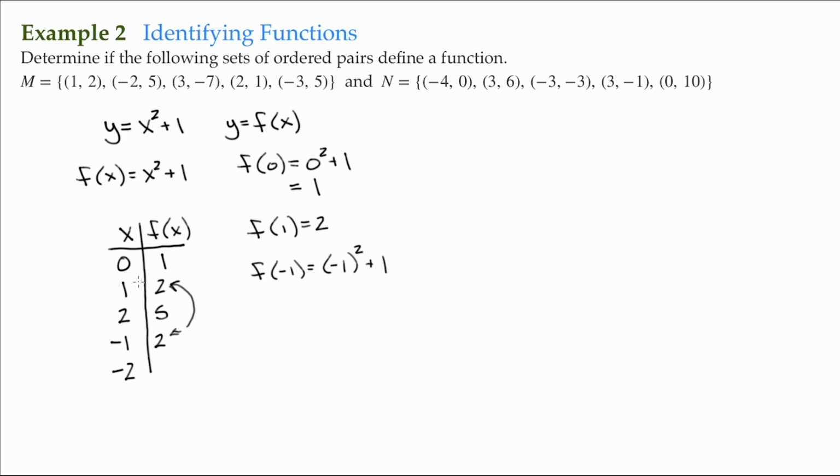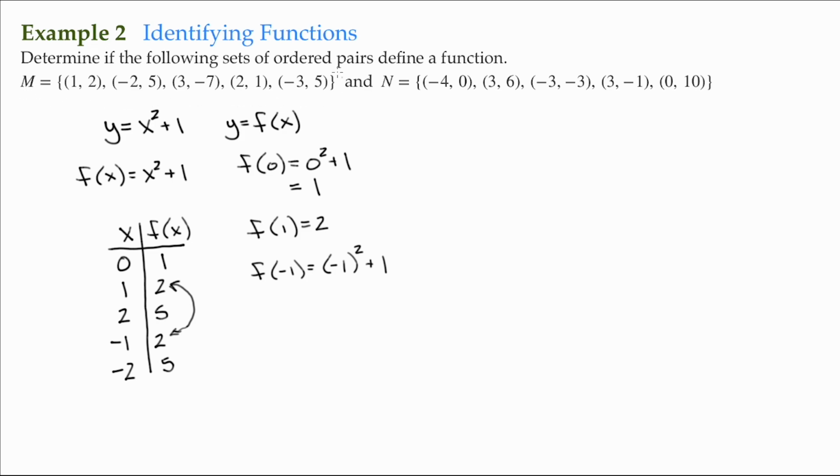We can slug in 2 different x's and come out with the same y, but a function says that you cannot input a value for x and come out with 2 different outputs. That's impossible. If we did -2 here, -2 squared is 4 plus 1, that's 5. So we can come out with the same y with 2 different x's, but it doesn't work the other way.